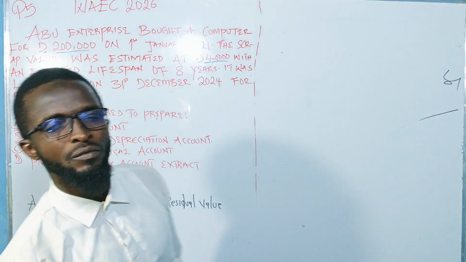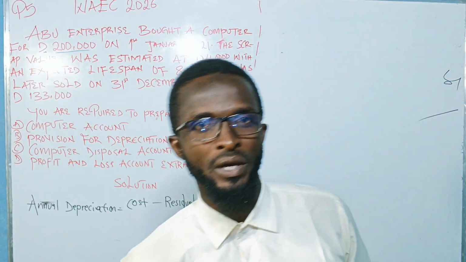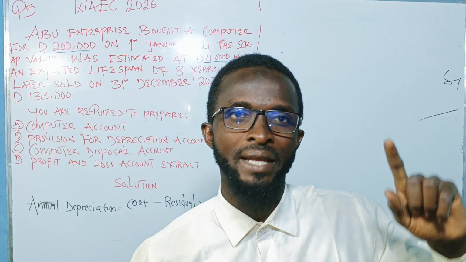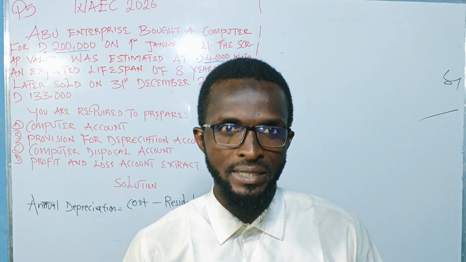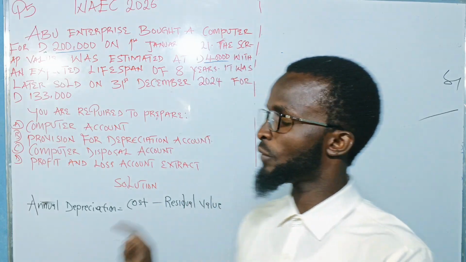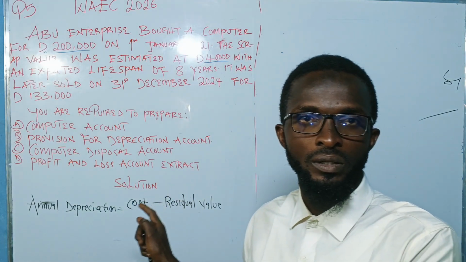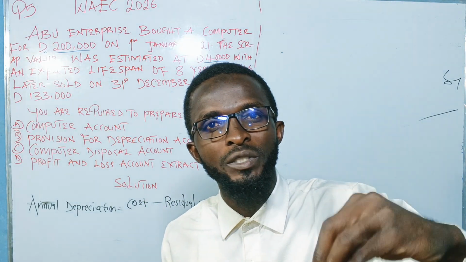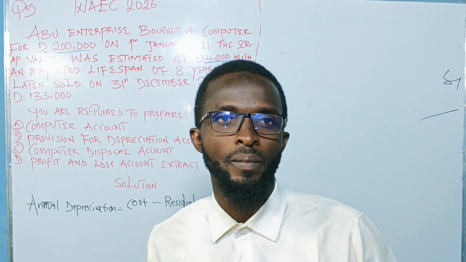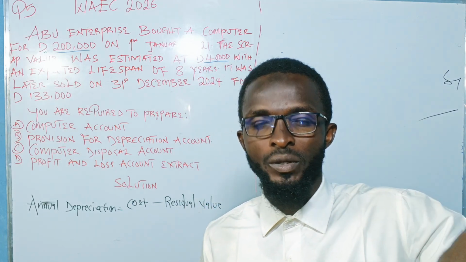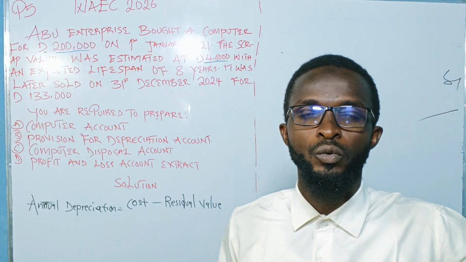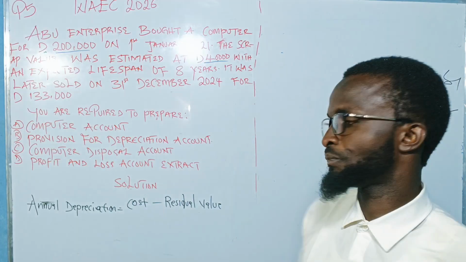Residual value is the estimated value of an asset at the end of its useful life. After you have used the asset for, let's say, 8 years as given in this question, at the end, what will be the value of that asset? That value at that particular time is what we call residual value or estimated value.